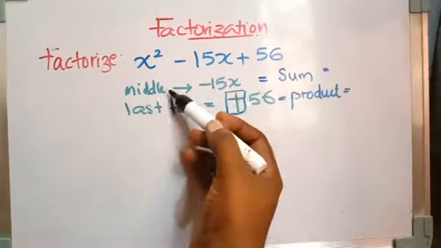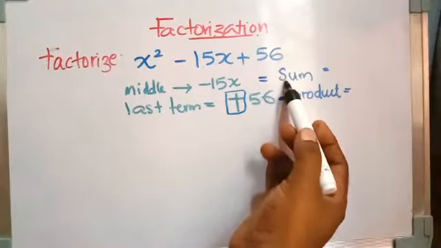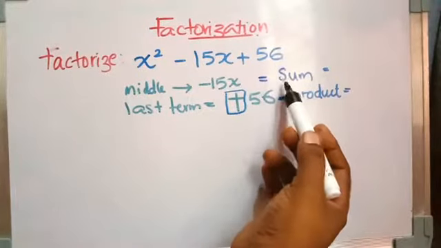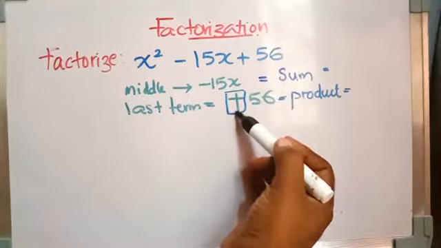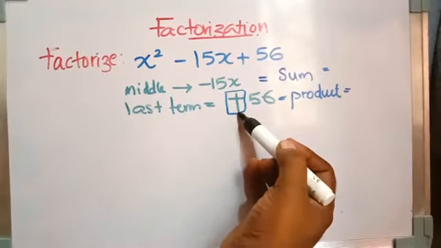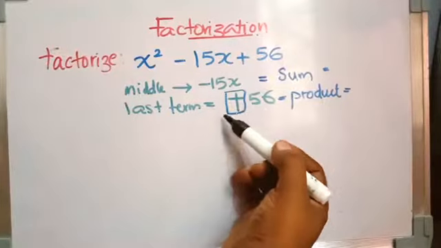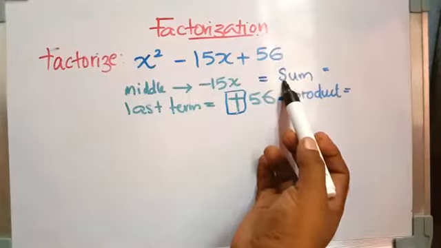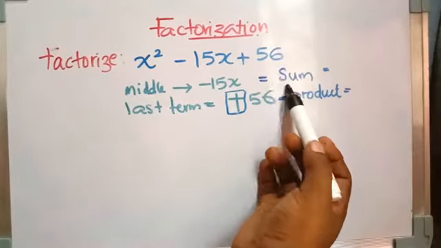Now at present we write the middle term as the sum. But based on the sign of the product, we have to choose whether it has a sum or difference.